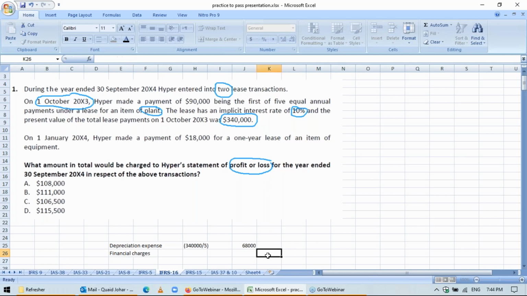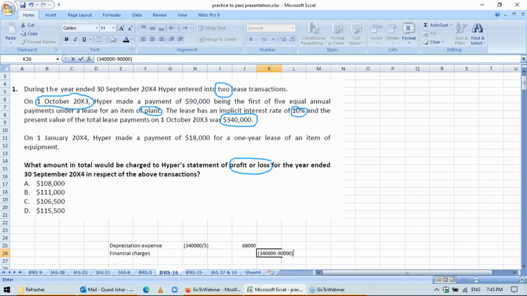Now, the present value amount was 340,000, right? They immediately paid 90,000 out of it on 1st of October 2003. So paying 90,000 will reduce the liability balance. The present value reflects the principal amount of the liability, and they have paid 90,000 out of it.